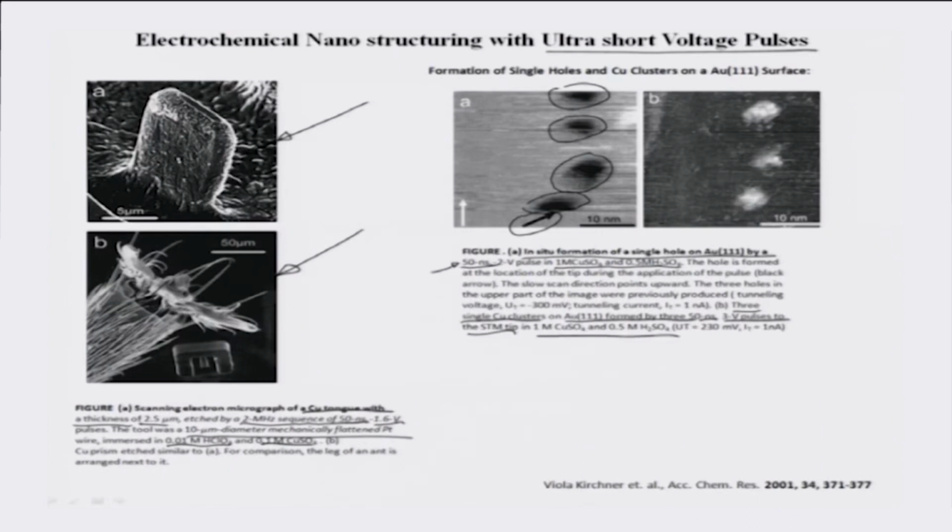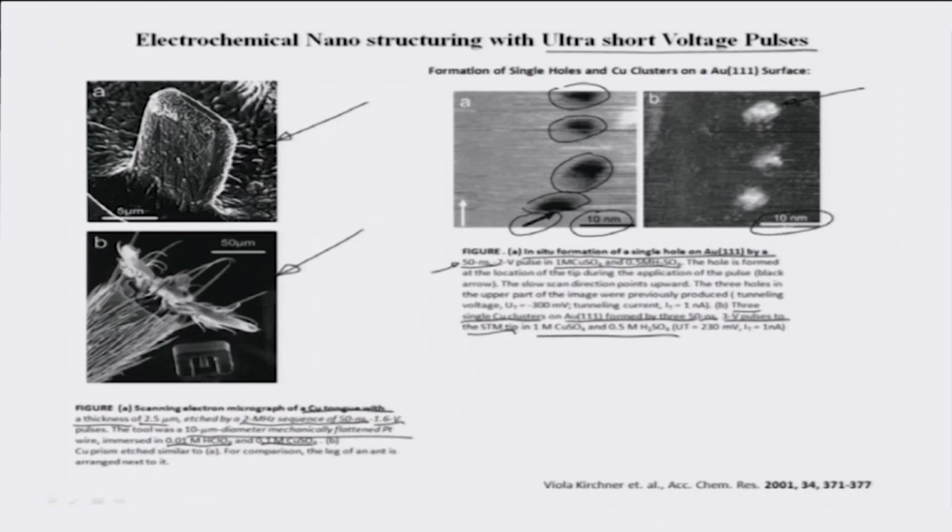Due to the formation of this kind of copper so-called electrode, you can have an inverted feature hole created as in figure A. But what is important for me to tell you is the resolution here. This is being done at a resolution of 10 nanometers, which is way beyond what you have seen so far.